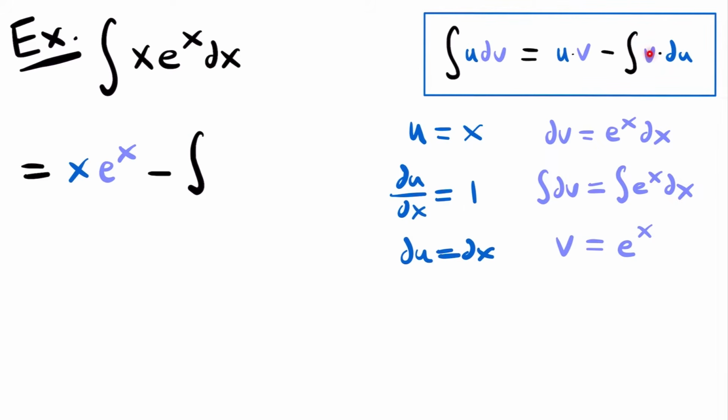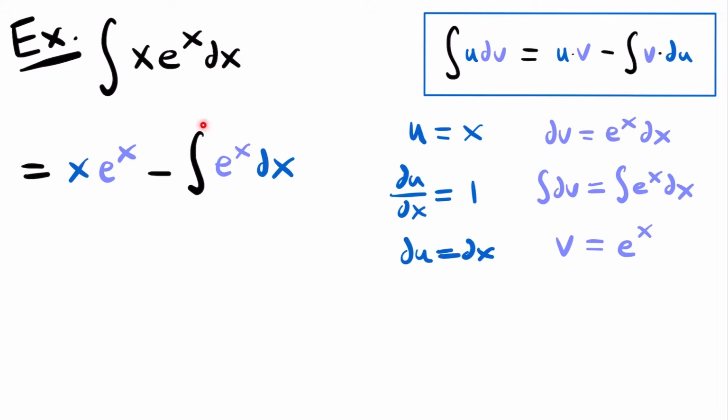And so v, once again, is e to the power of x. So we'll have e to the power of x, and that will be multiplied by du, which is just dx. And so I will write dx. Okay, and so what that did was it allowed us to rewrite this integral to be equal to a term that doesn't need to be integrated anymore, minus an integral that is easier to solve.